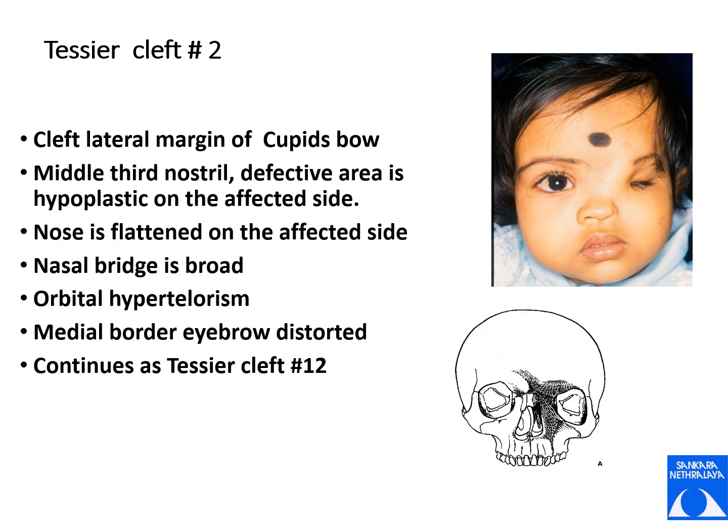Tessier cleft 2: cleft lateral margin of Cupid's bow, middle third of the nostril. The defective area is hypoplastic on the affected side. Nose is flattened on the affected side. Nasal bridge is broad. Hypertelorism. Medial border of eyebrow distorted. It continues as Tessier cleft number 12.